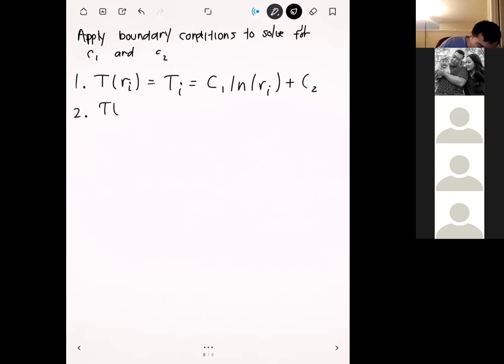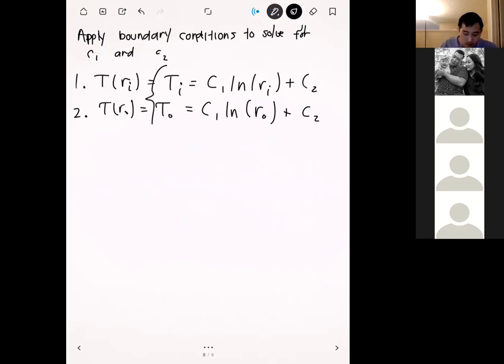And then our other boundary condition, which is that the temperature at Ro is To. We plug Ro into our equation, and what we get is To equals C1 times ln of Ro plus C2. Now we have a system of two equations that we need to solve for our two unknowns.